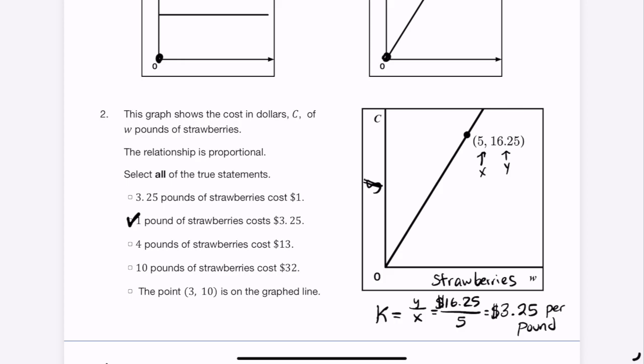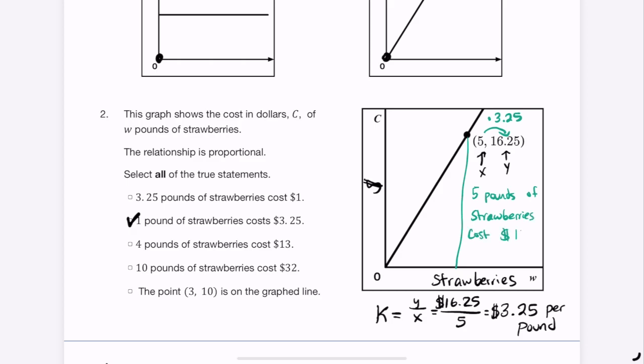The first option says 3.25 pounds of strawberries cost $1. If we're not sure about that, you just want to take a second to pause and reason through this. The number they gave us says 5 pounds of strawberries cost $16.25.